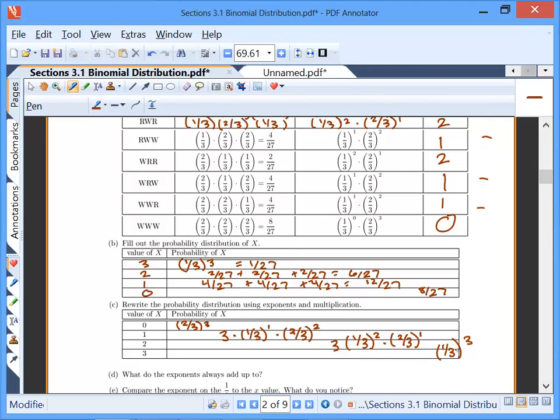Could I rewrite this 1/3 to the power of 3? Is anyone going to object if I rewrite this times 2/3 to the power of 0? Does that change anything? Okay. And coming back up to the probability of 0, I could rewrite that as 1/3 to the power of 0 times 2/3 to the power of 3. Right? Doesn't change anything.